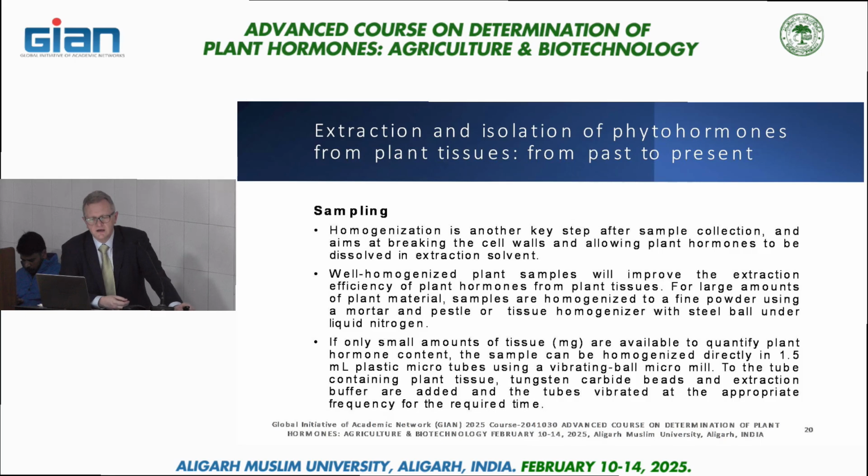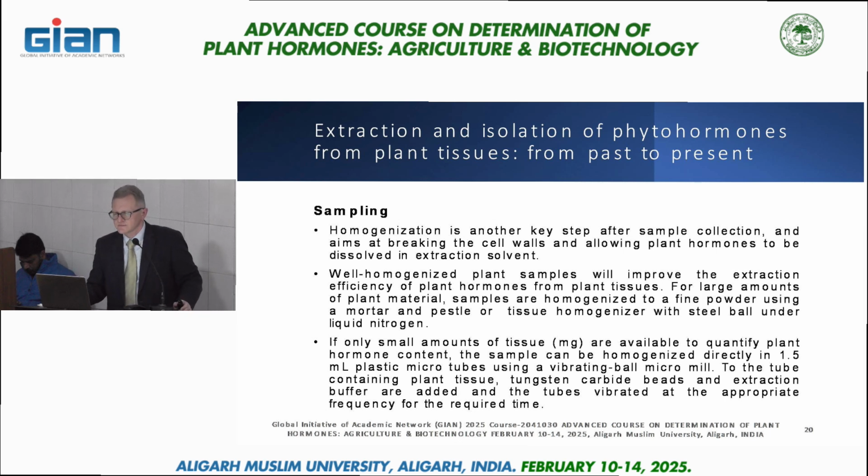The success of any phytohormone extraction process depends on efficient homogenization. Once the plant tissue has been fully ground and cell walls broken, the next step is extraction of phytohormones into a suitable solvent, ensuring optimal recovery for the next detection of plant hormones.